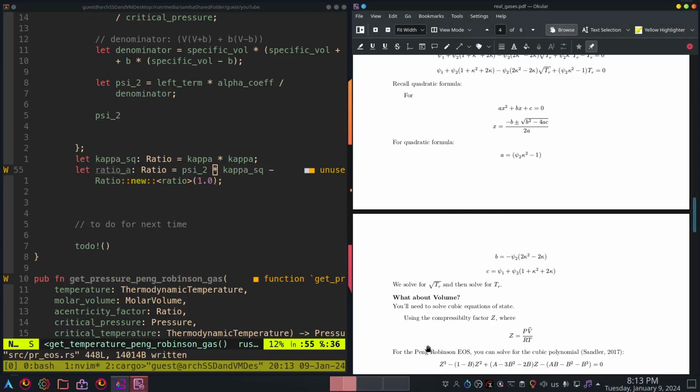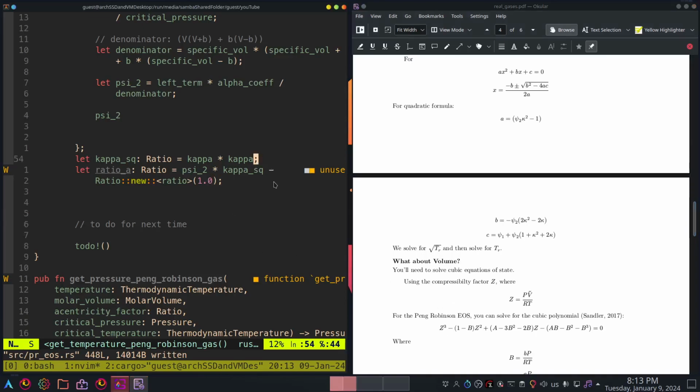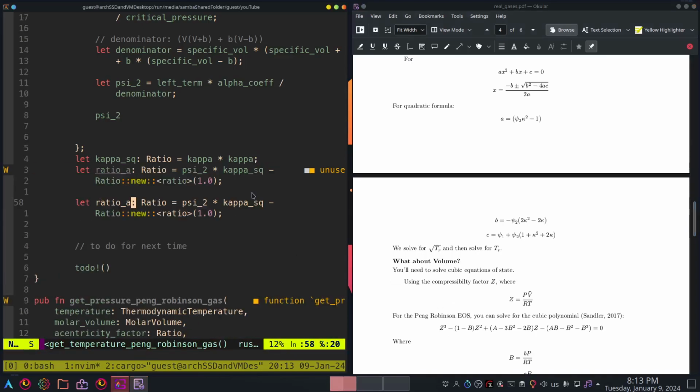I'm going to do ratio B now. So what's ratio B? I'll have a minus psi 2 times 2.0 times kappa square minus 2.0 times kappa. So ratio B is minus psi 2 times 2.0 kappa square minus 2.0 times kappa.